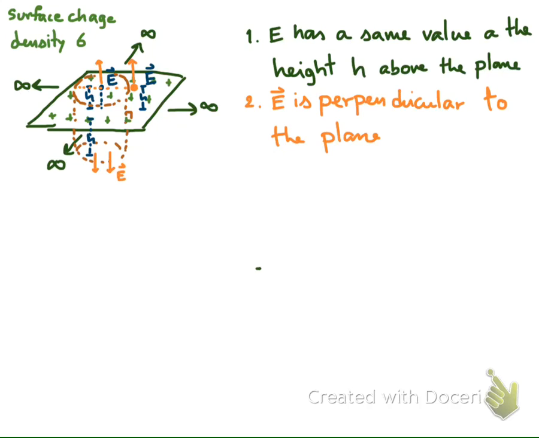From the Gaussian surface like this, you can see that on the top surface, the electric field will be parallel to the vector dA. But on the curved surface, like this, we will have that the electric field is perpendicular to the vector dA on the curved surface.